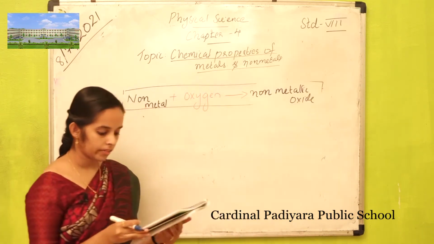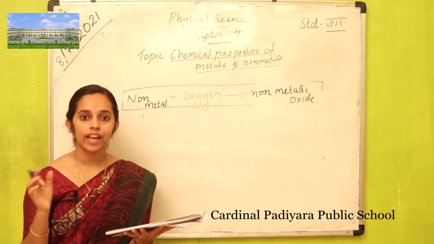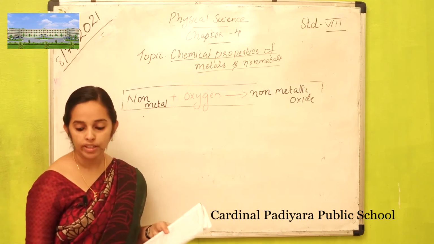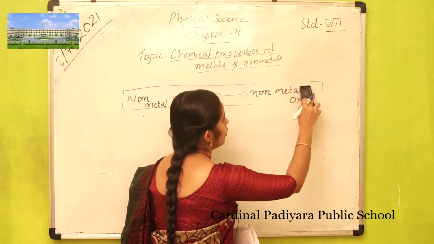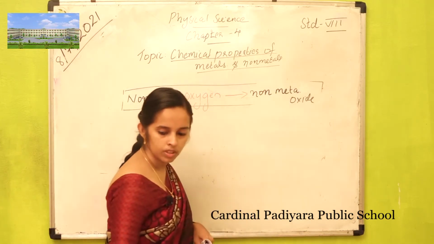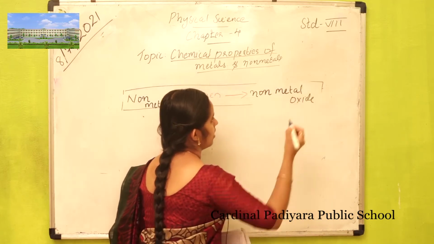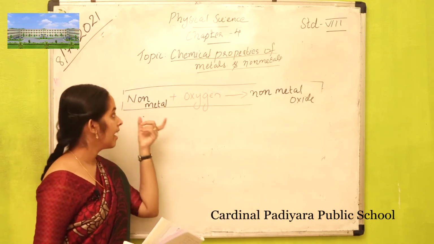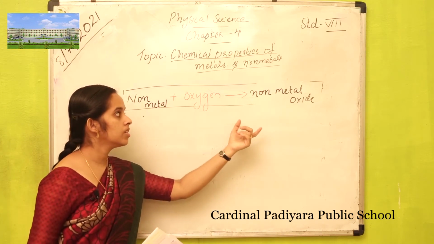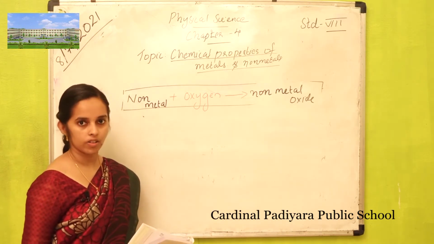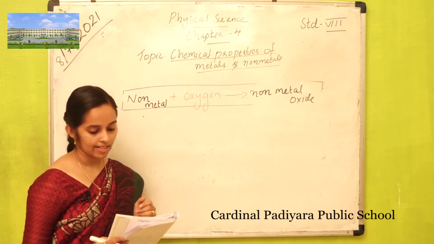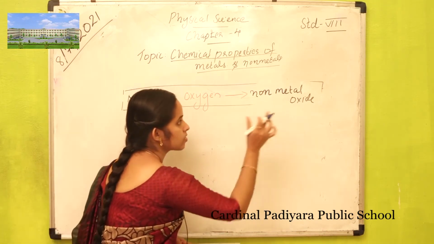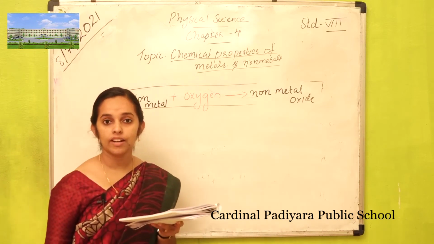So what can we say? A non-metal reacts with oxygen to form a non-metal oxide. Let's see an example. Before going to the example, what is the nature of this non-metallic oxide?